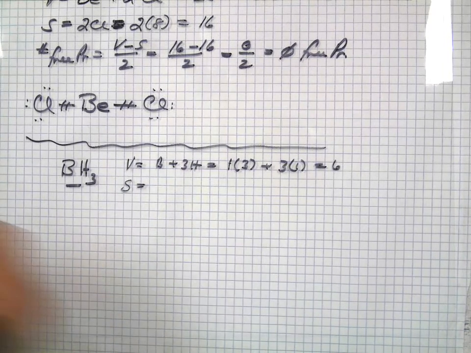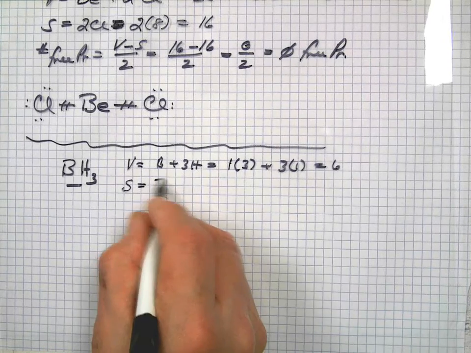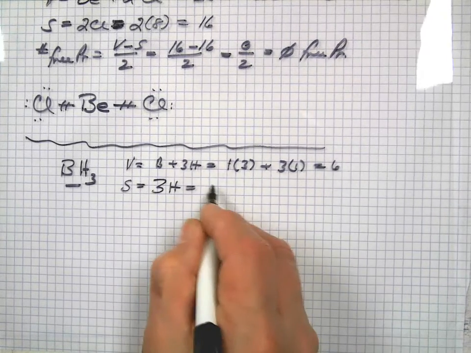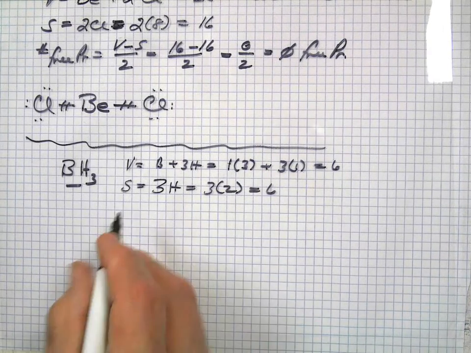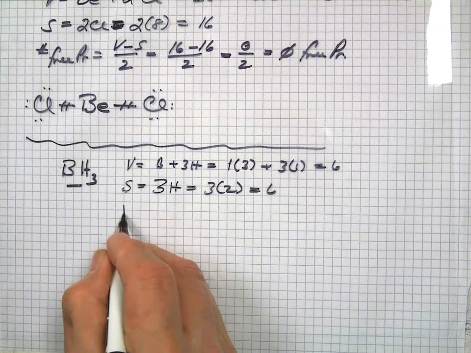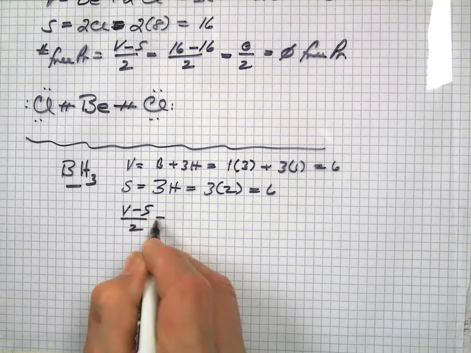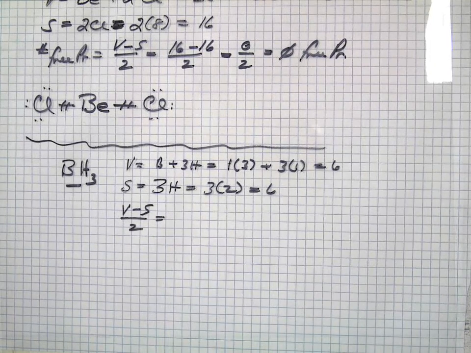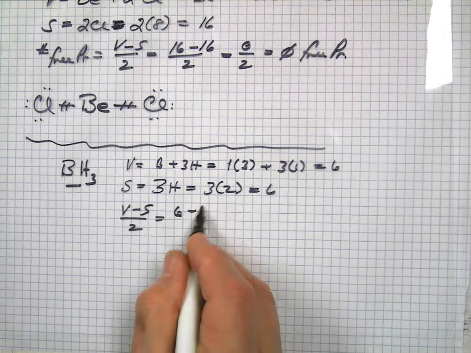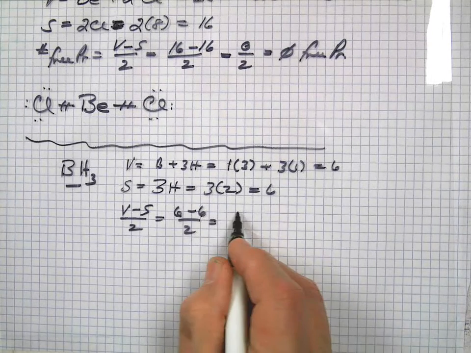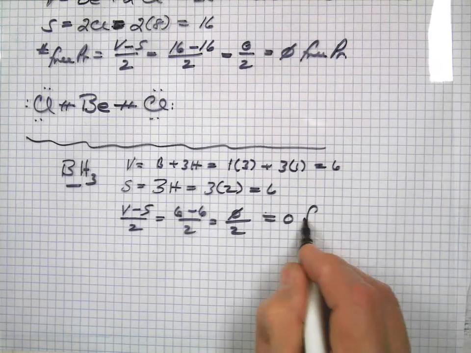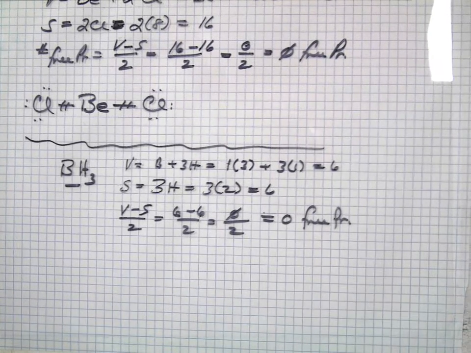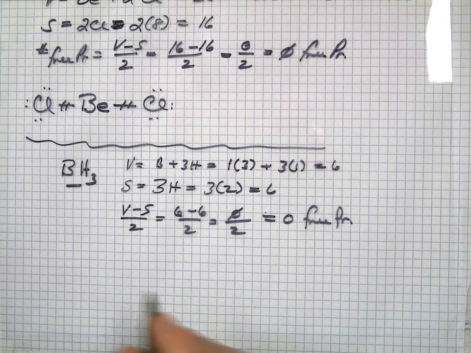Substrates are satellites and full. So we have 3 hydrogens, and that's 3 times 2, or 6. And then the valence minus substrates over 2 will give us the number of non-bonded pairs. Well, this one does not have any non-bonded pairs. So, 0 free pairs.